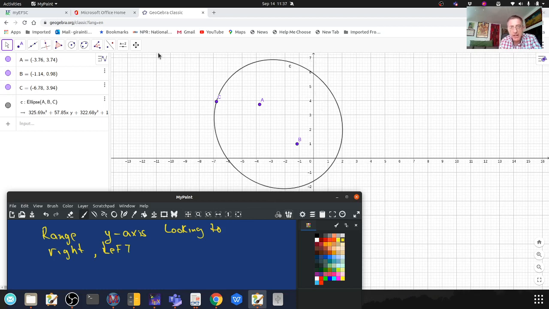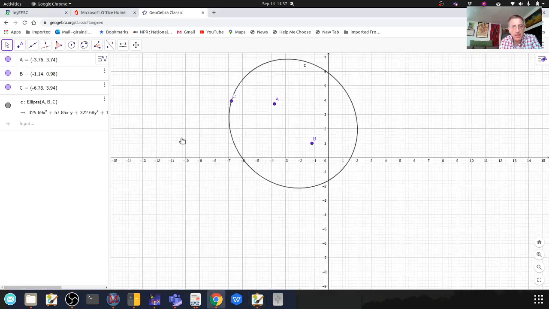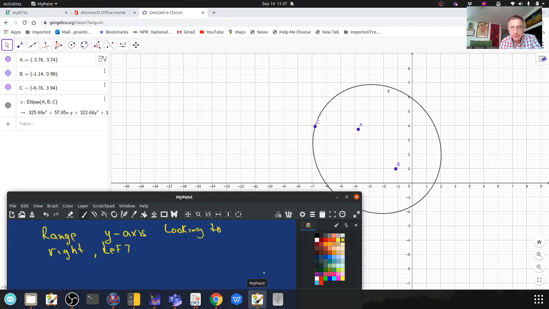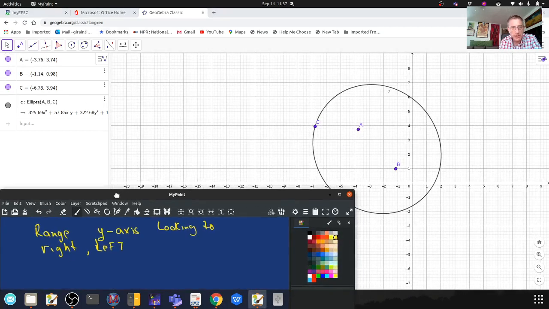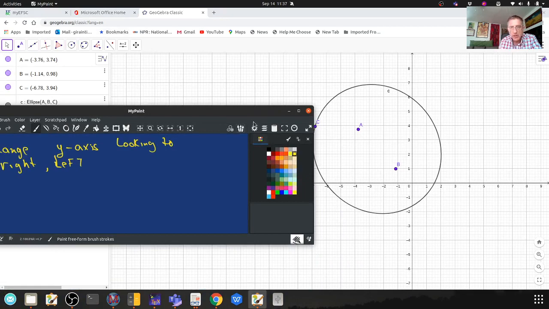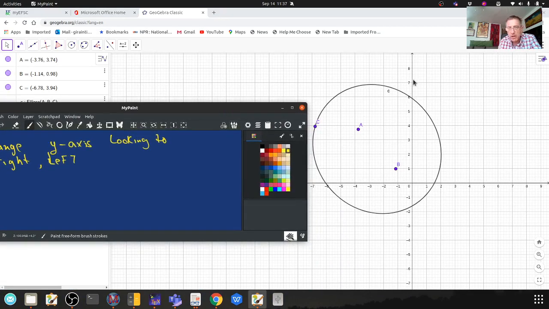So we're starting up here. I'm walking down the y-axis, and about right here is when I can look to my left and see a portion of the graph. Let's just say that's at 6.9. We're just guessing.